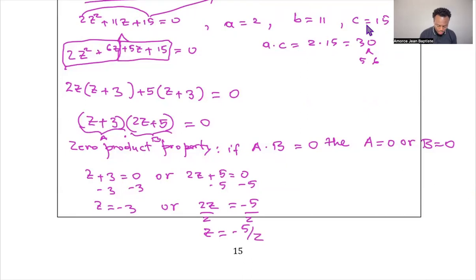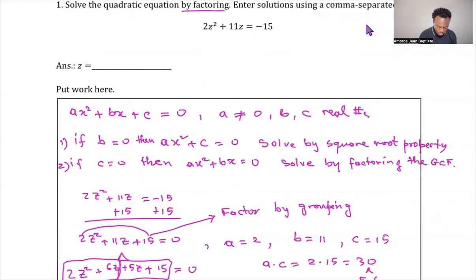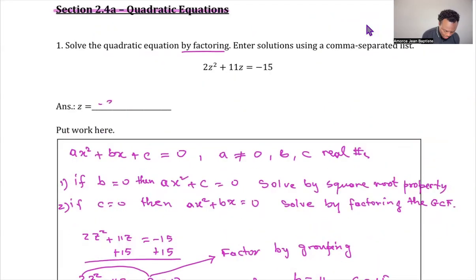So your solution set will be -3, comma, -5/2. So the z values here are -3 and -5/2, or the solution set is -3, -5/2.